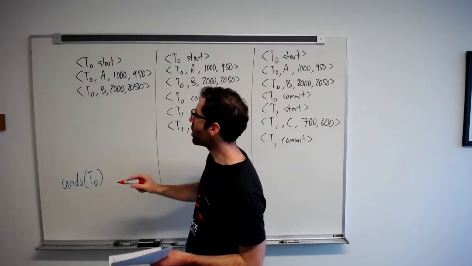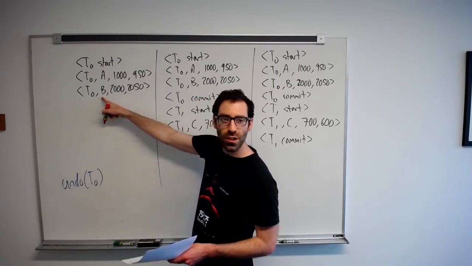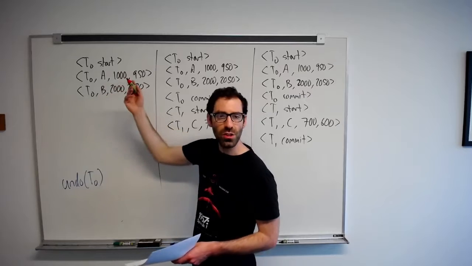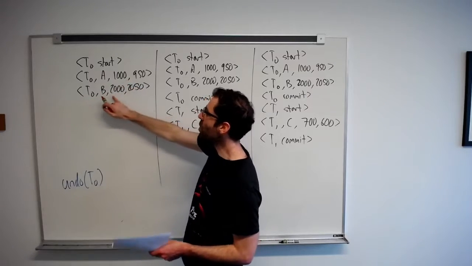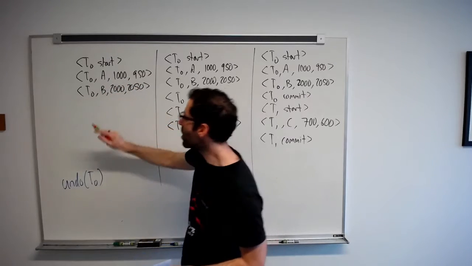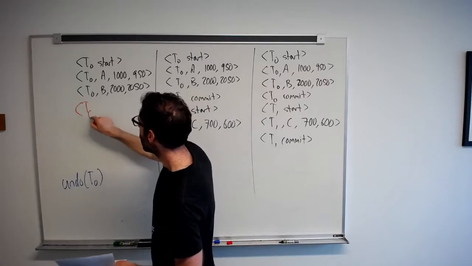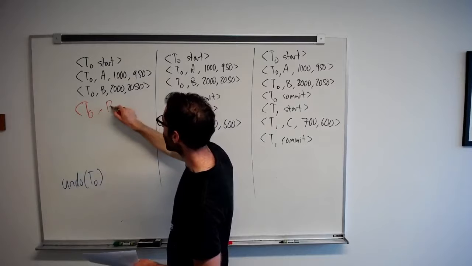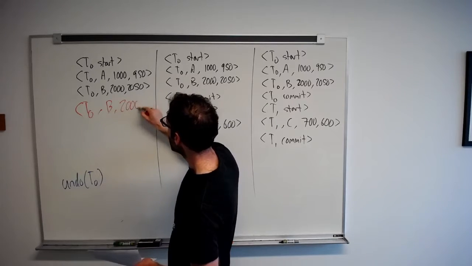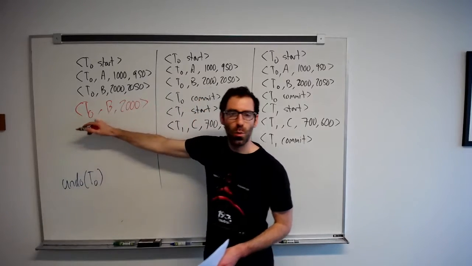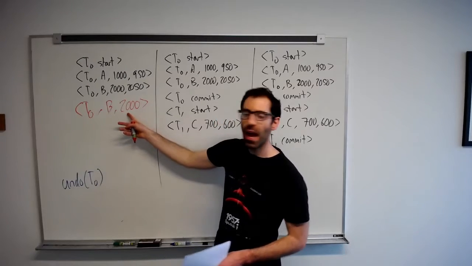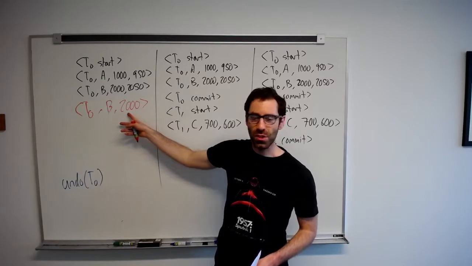So when we go to undo this first update, our old value is 2000, our account is B, so it says, all right, we want to restore B to the value 2000. So we'd make that change and we'd add a record to say T0, we undid a change to B, and the value it now has is 2000.